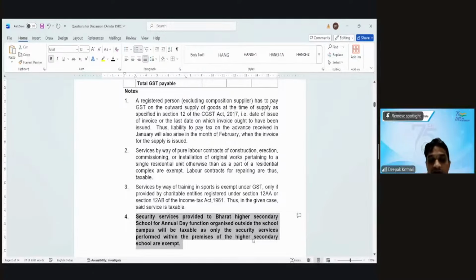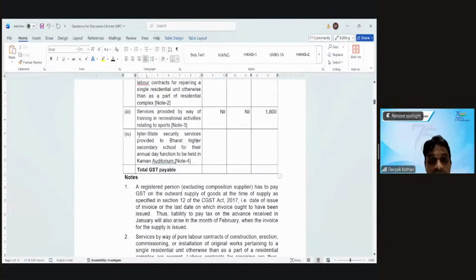This is very important. Security services are exempted with the condition that the security service is provided at the premises of the higher secondary school. But if it is outside the premises, then it will be taxable. So, for interstate security services provided to Bharat for their annual day function, I have to charge GST.